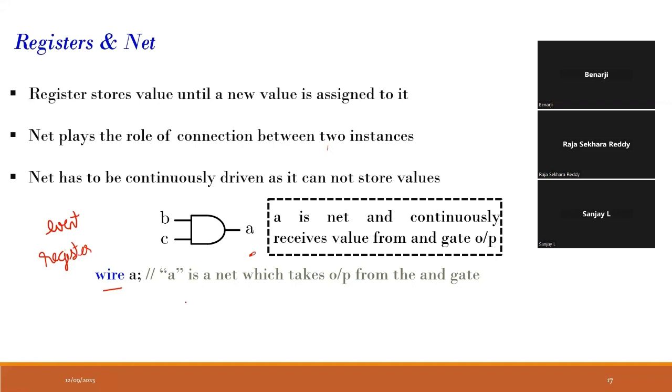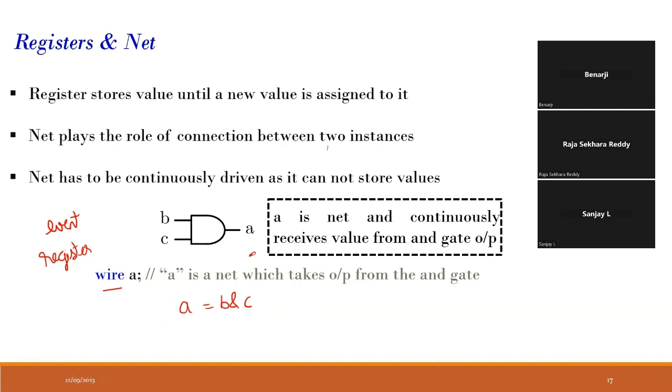Over here, you see A is equal to B and C. B and C are my inputs and A is my output. What we want is for the value of A to change anytime there's a change in B and C. So for that, we have to define the variable A as a wire.